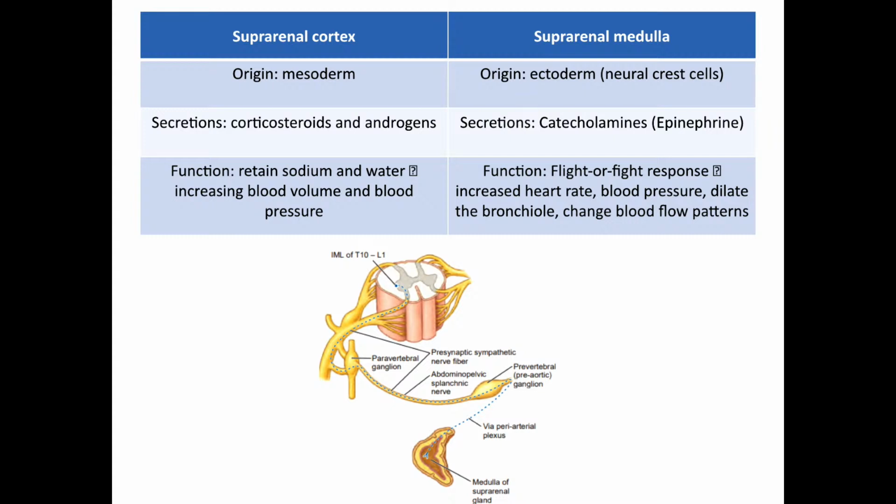The function of the cortex is to retain sodium and water, and also increase blood volume and blood pressure. The suprarenal medulla originates from the ectoderm, which is the neural crest cells, and it secretes catecholamines like epinephrine and norepinephrine, right? They are officially the ones coming from the nerves.